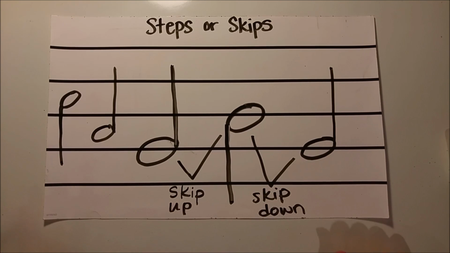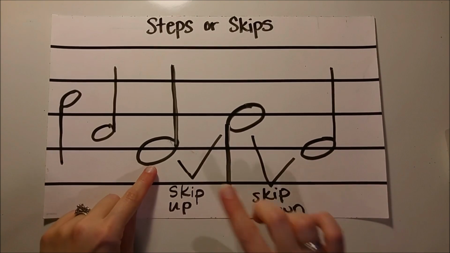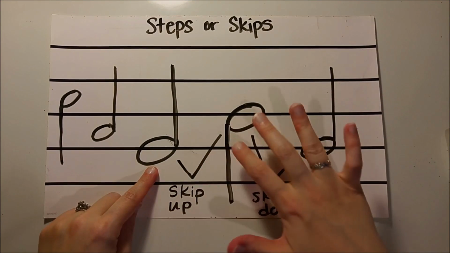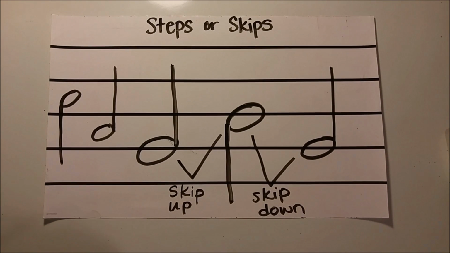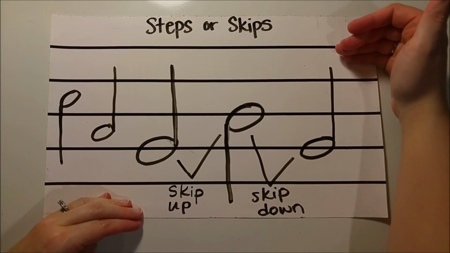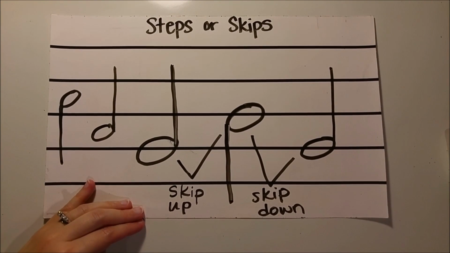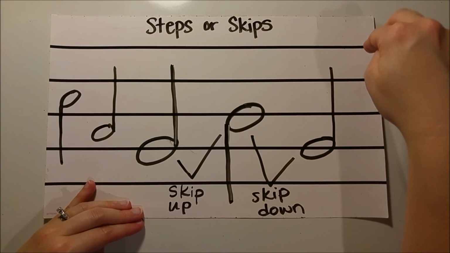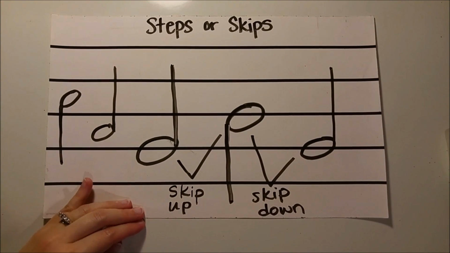And when they're drawn there, we think of them moving by steps or skips. Now, if they're going to move further than a skip, if we were going to skip even more, we might call that a jump. And then the higher you go, it goes up. The lower you go, it goes down. So higher on the staff, higher the pitch. Lower on the staff, lower the pitch.